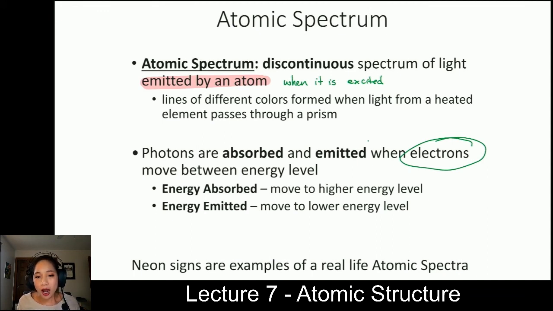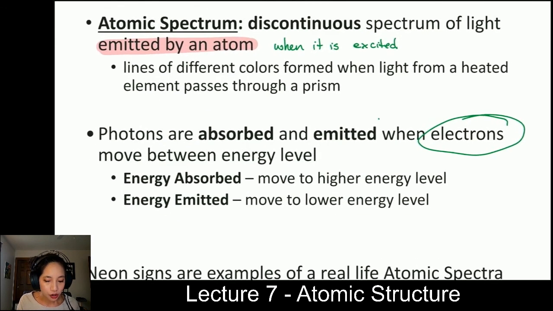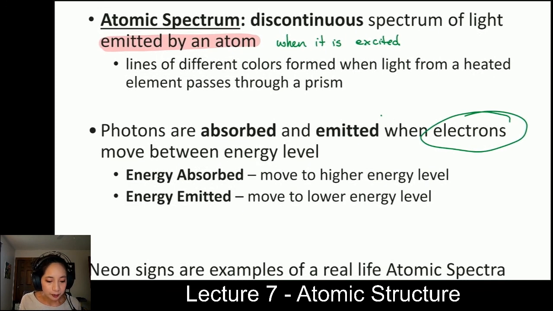So this is why, since electrons moving within an atom or between energy levels produce photons, we had to talk about the electromagnetic spectrum first, before we could get into the details about electrons and then finally atomic structure. So with electrons, when they move between energy levels, an atom can absorb a photon.